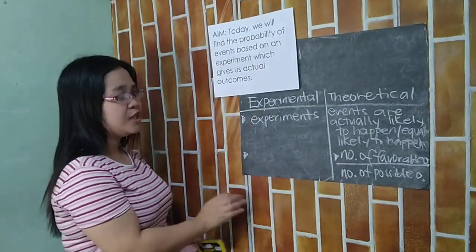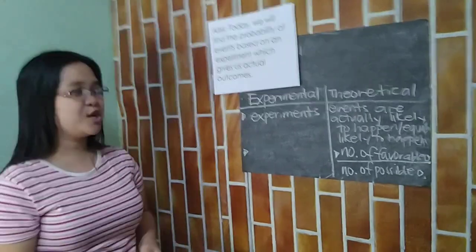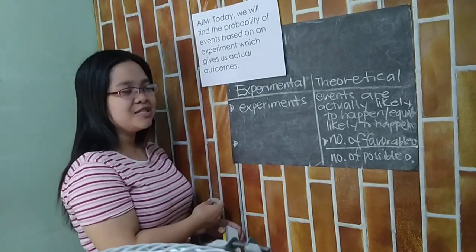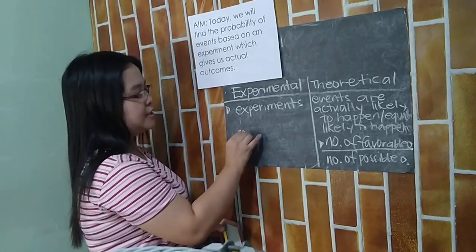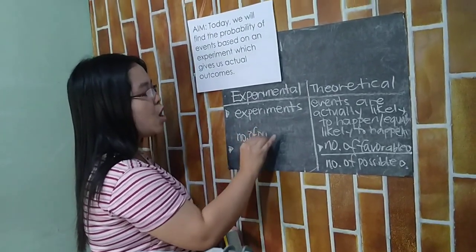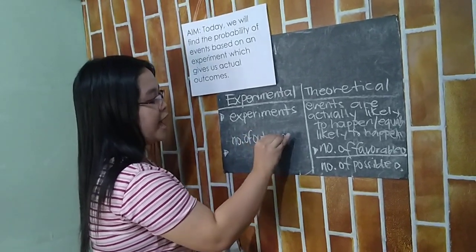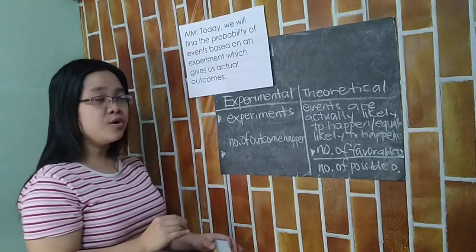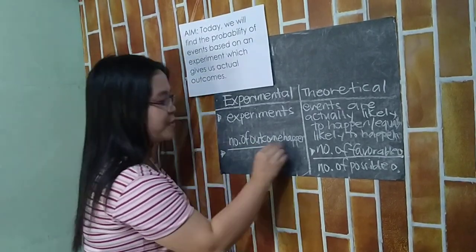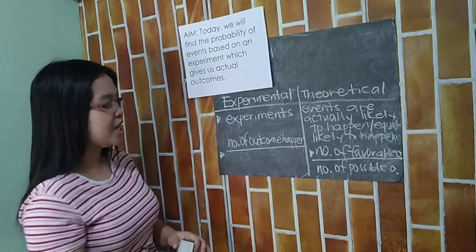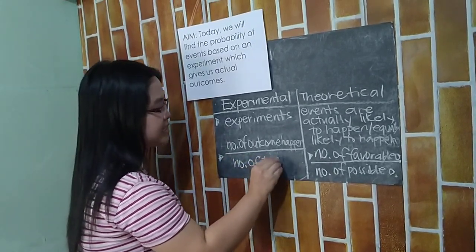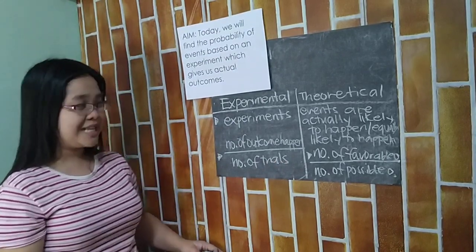On the other hand, when we are talking about experimental probability, like what we did a while ago, it is based on the formula: the number of outcome happen, or how many times the event occurs in a particular experiment, over the number of trials that you have conducted.